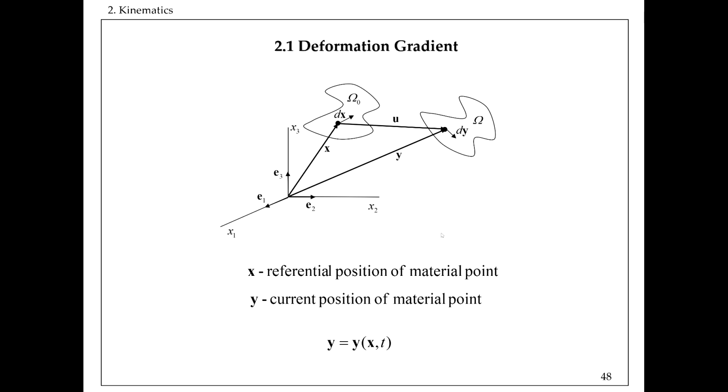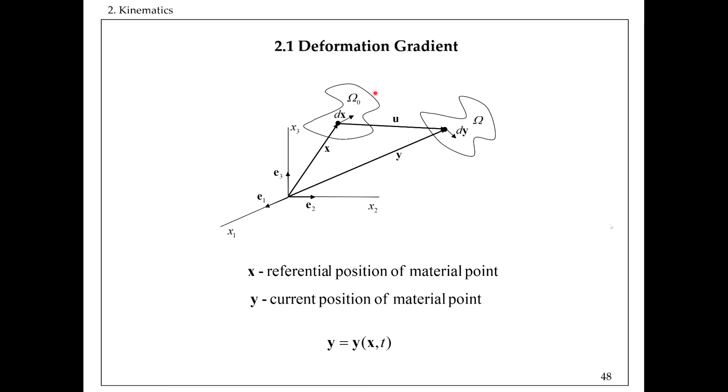Then they use exactly the same letter for the same quantity in the deformed configuration, but without the 0. So in this case, for example, they would put x with a 0, and instead of y they would just write x.